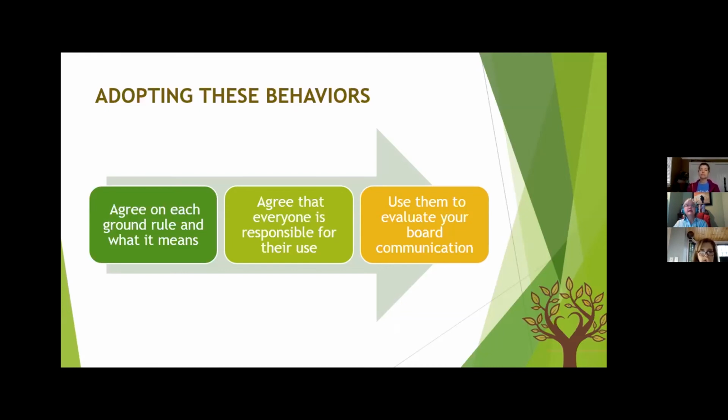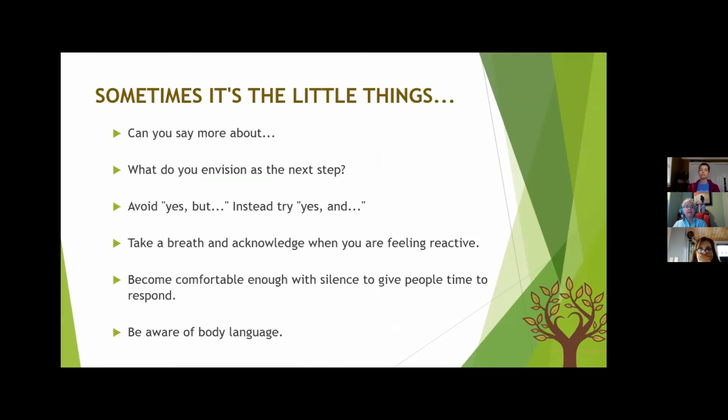You could even take a few minutes at the end of each board meeting and have a little discussion about how we applied our ground rules, especially if you start out deciding to adopt some or all of them. Then you can discuss, are we using these effectively? Are we understanding how to use them? If you put some time and effort into that, it will help your whole team and your whole board get better at communication.